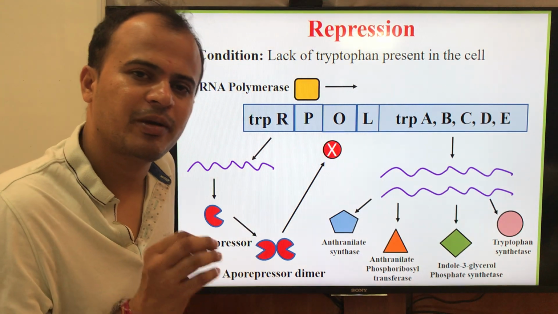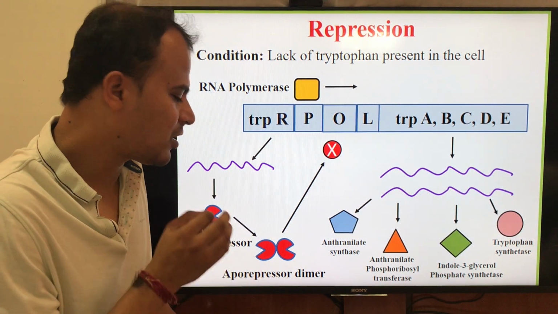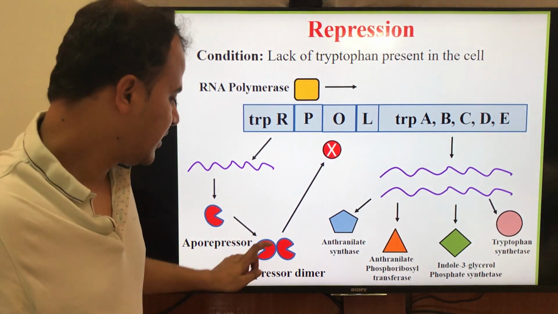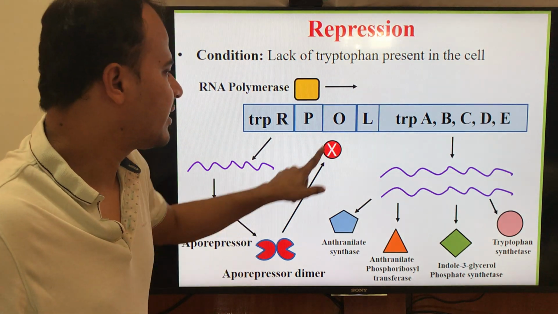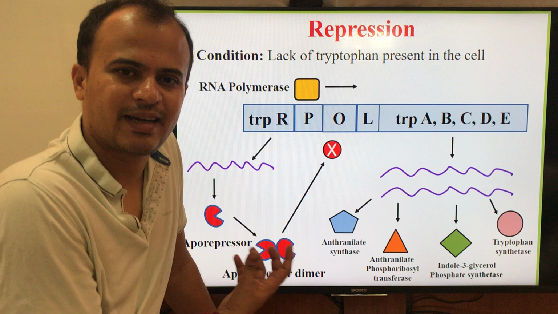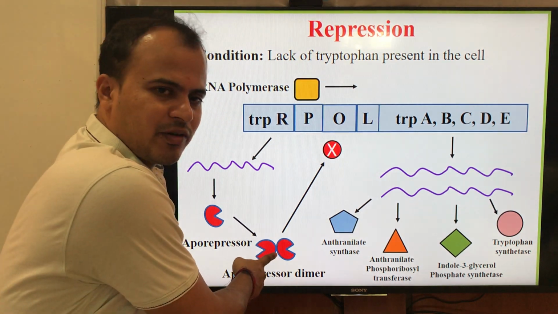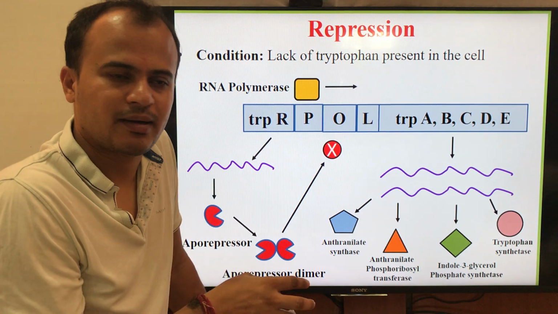As I explained in my previous slide, tryptophan is a must for the activation of the aporepressor dimer. If it cannot be bound by tryptophan, then it cannot bind to the operator site as well. So it is in the inactive conformation. In the inactive conformation, it cannot interact with the operator.